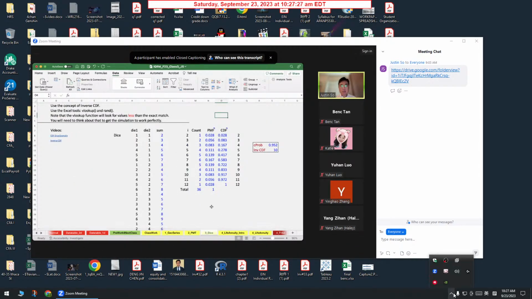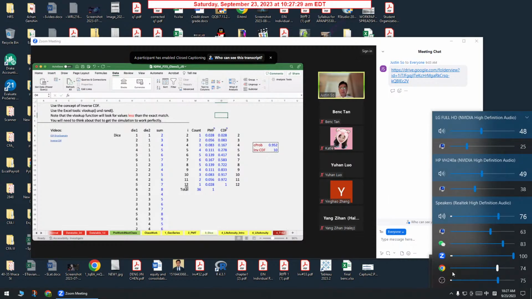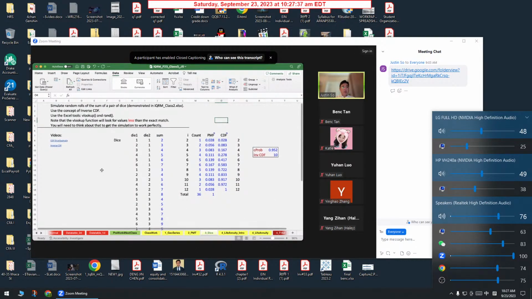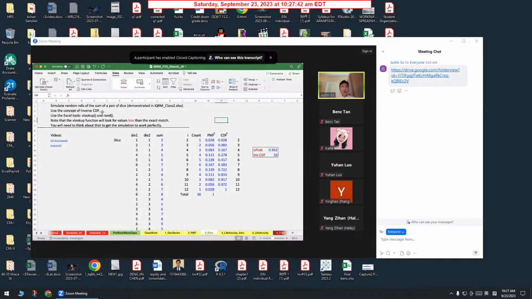The dice case shows a little bit more of the probability concept. The next seminar will be on probability, so we can build on this. Simulate random rolls of the sum of a pair of dice. So a die has 6 possible numbers, right?